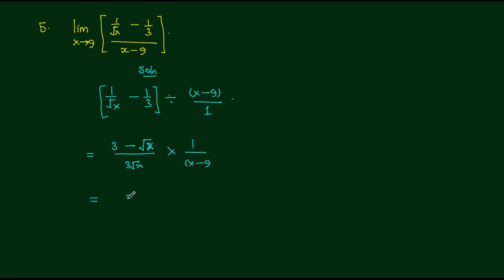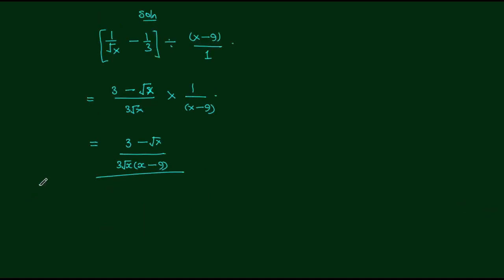Multiplying them, we have 3 minus root x over 3 root x times x minus 9. So that is the new version of what we have inside here. We can replace the old version with the new version here.